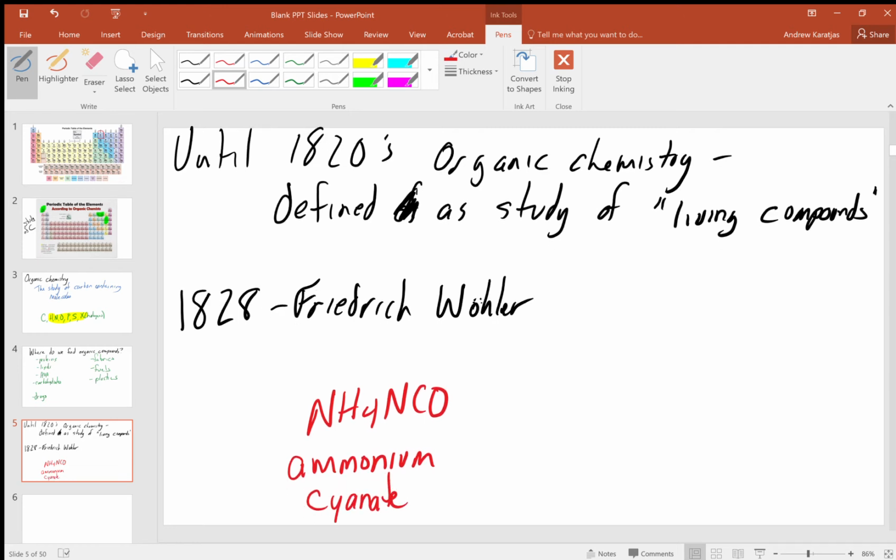So what did he do with this seemingly very simple compound? Well, nothing all that complicated. So when we use this triangle, which is actually an uppercase delta, this signifies heat. And so what he did was he heated this compound up.